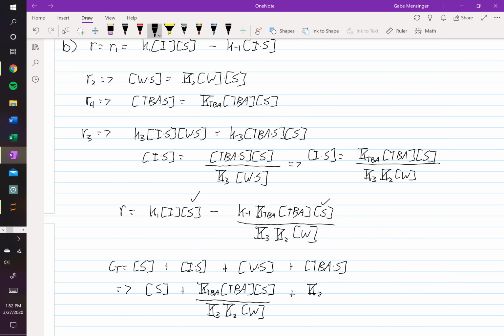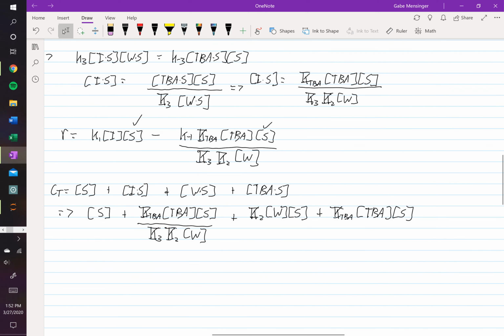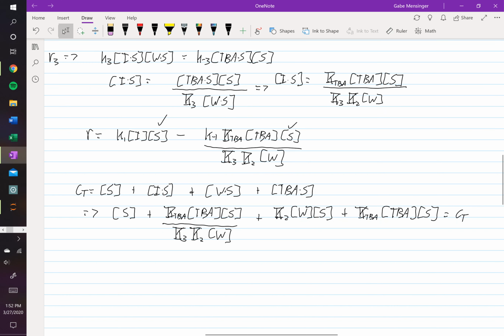Okay. That is all equal to CT. And then going back and solving for our concentration of S, we get that CT is equal to 1 plus Q3.